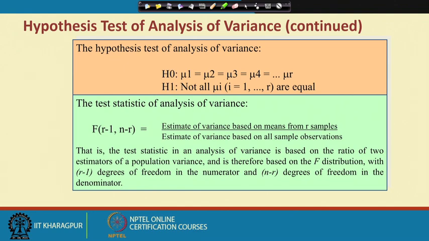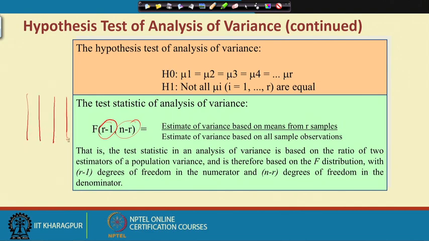Since we already discussed the ANOVA concept in the last lecture, for F critical we need two degrees of freedom: the first is r minus 1 and the second is n minus r.